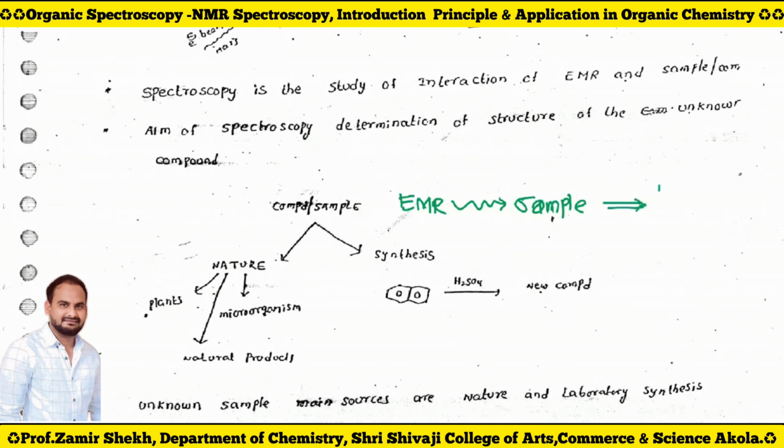The physical change can be in terms of absorption, emission, scattering, reflection, etc. The detector then converts that whole information into a spectrum. After the detector there is amplification and several other processes, and you get the spectrum, a two-dimensional graph.